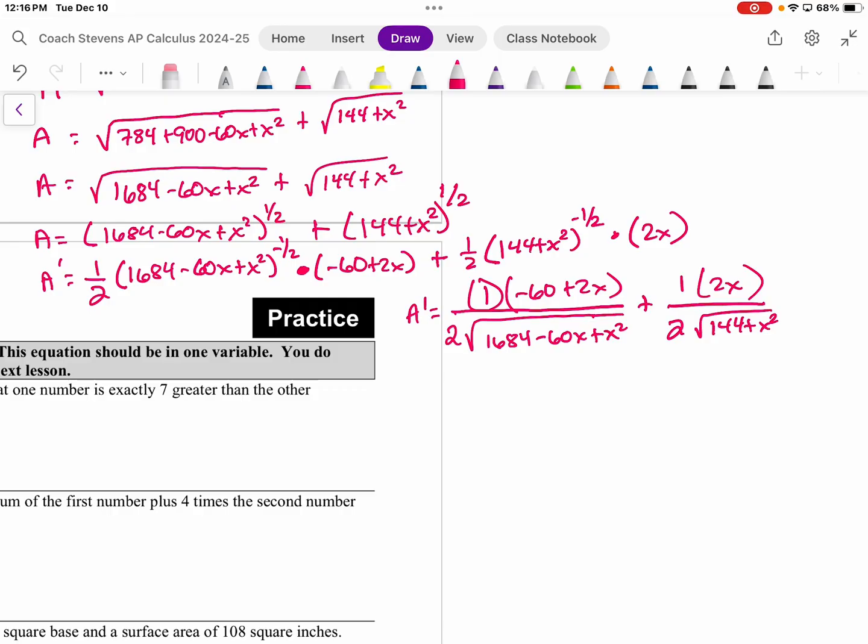Now, I have to set that equal to 0. And again, I'm looking at negative 60 plus 2x over the bottom.